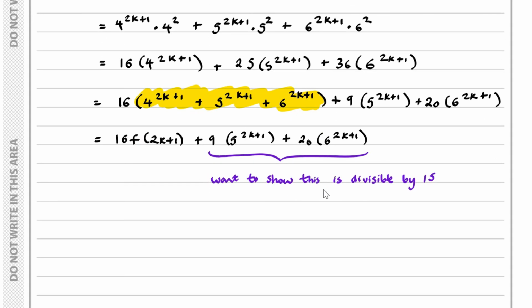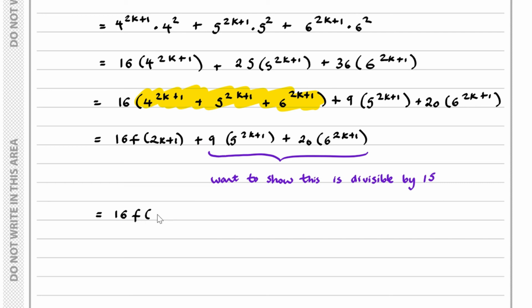So for us to do that, well, if you think about it, 9 times by 5, that's 45, that's divisible by 15, and 20 times by 6, that is also divisible by 15. So we can use that information to help show that this result over here is divisible by 15.